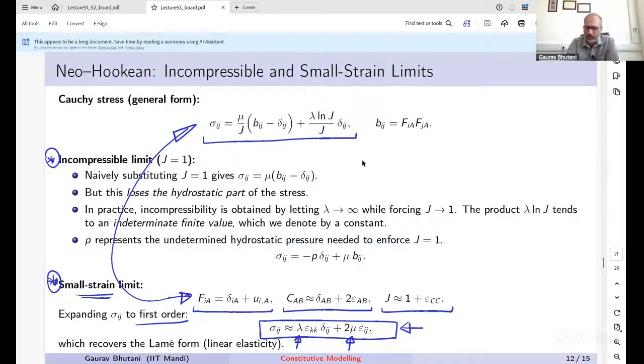There was again a question here that how do we get this sigma from the general form given on the top. So let's show that as well.